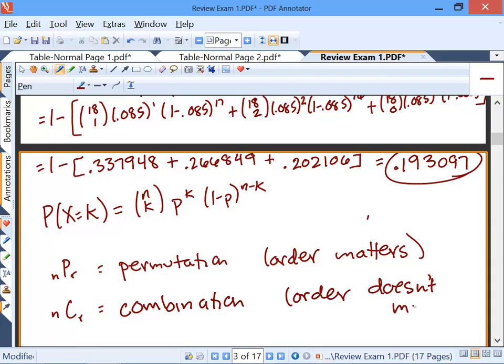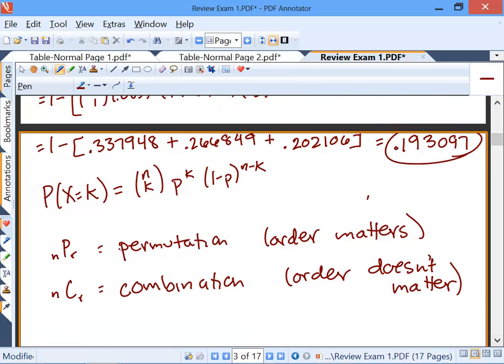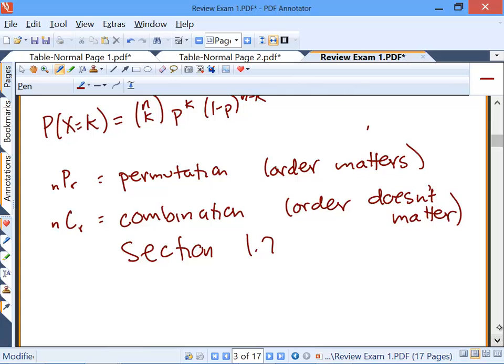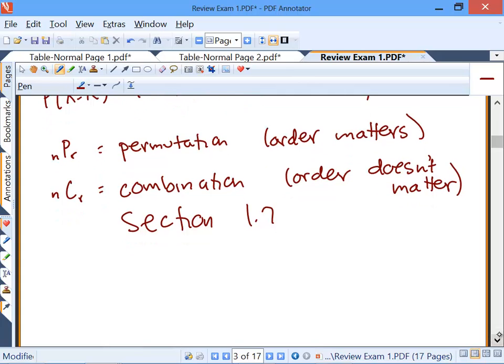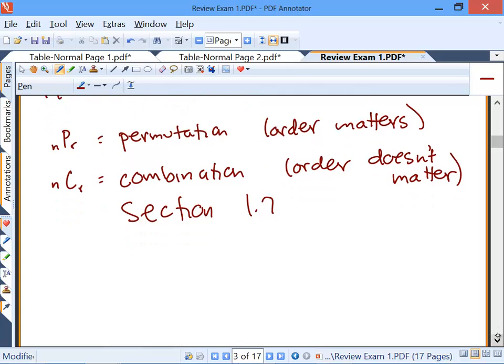What order exactly? The way that they are. So this is in section 1.7, if you feel like you need to review these, but let's stick with the same problem.